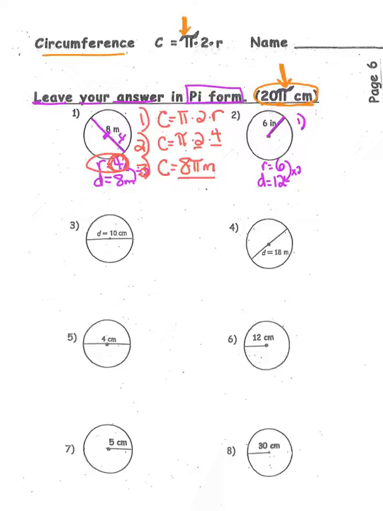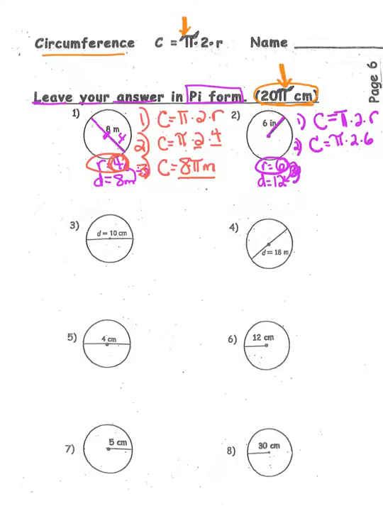Step 1, write the formula. C equals pi times 2 times r. Let's substitute for the r. Pi times 2, and our radius is, of course, 6.